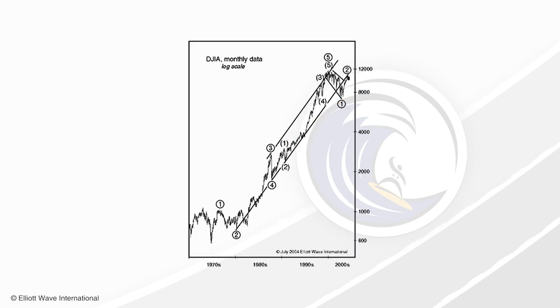And here's a trend channel in the Dow Jones Industrial Average from the 1970s to the early 2000s. We see waves 1, 2, 3, 4, and 5. We see the lower trend line of the channel connecting waves 2 and 4, and then we see a parallel line that includes the termination point of wave 3 to give us an estimate for the termination point of wave 5.